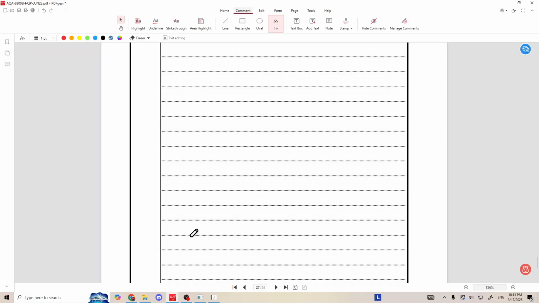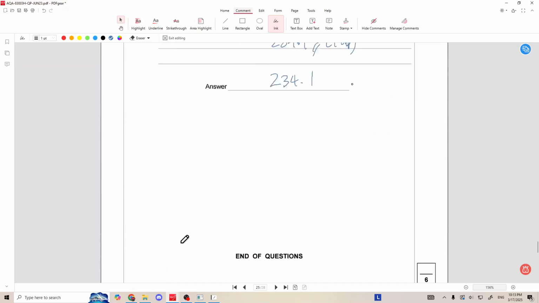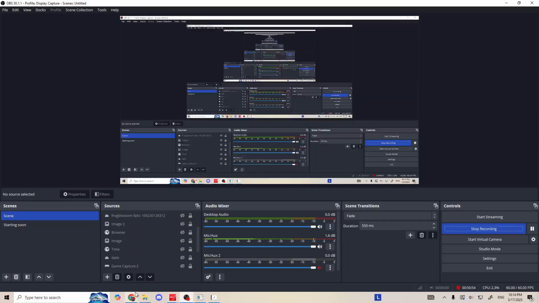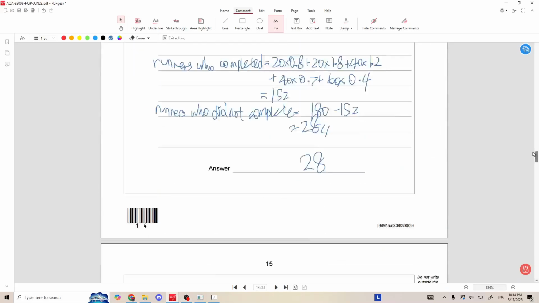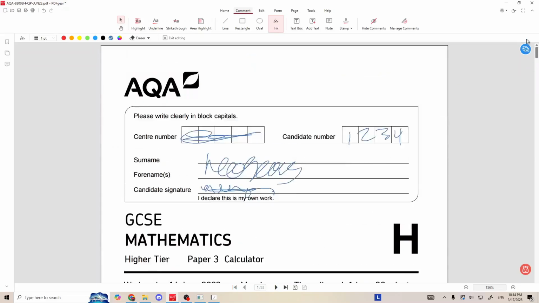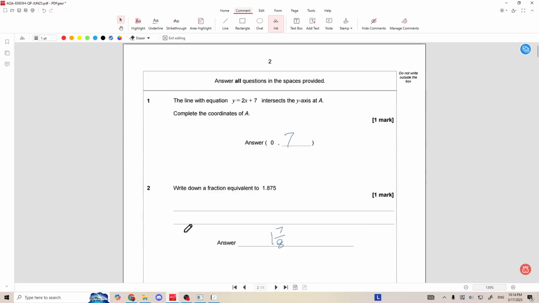Paper 2, I finished with about 20 minutes left. Now I'm finishing with about 40 minutes left, nearly half the time remaining. How can that be right? I've definitely made some sort of mistake. If it's not in the transformation question, it's going to be somewhere else.